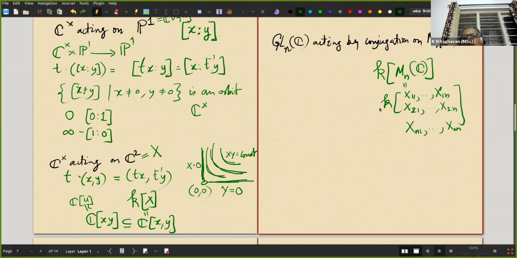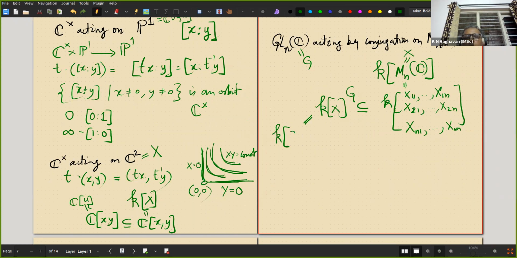And for this action, what is the invariant ring? X is M_n(C) in this example, and G is GL_n(C). Well, it is the coefficients of the characteristic polynomial.